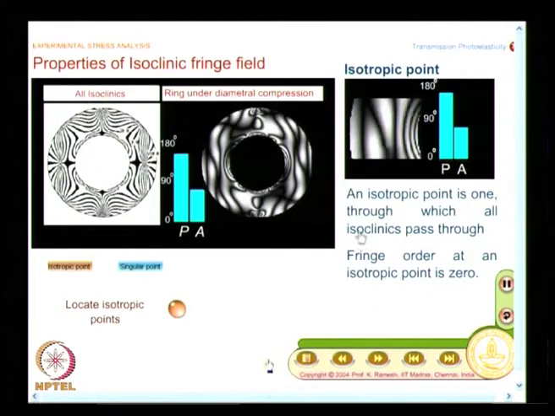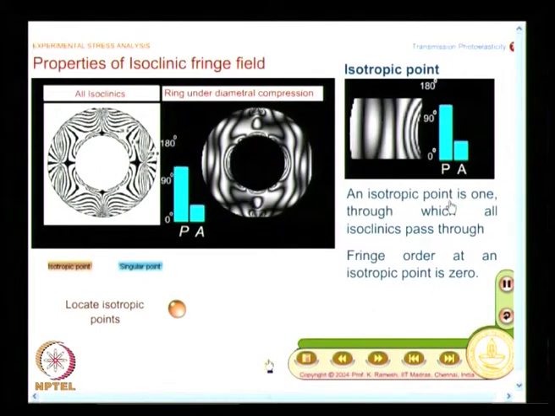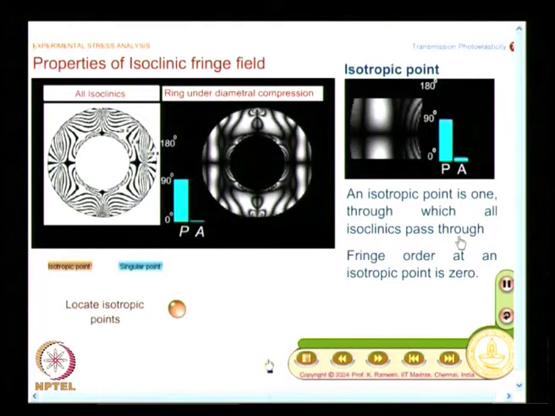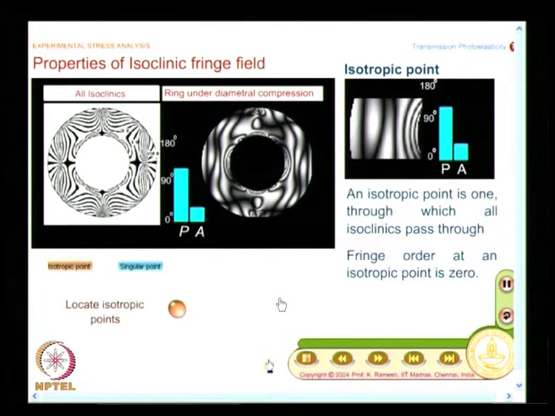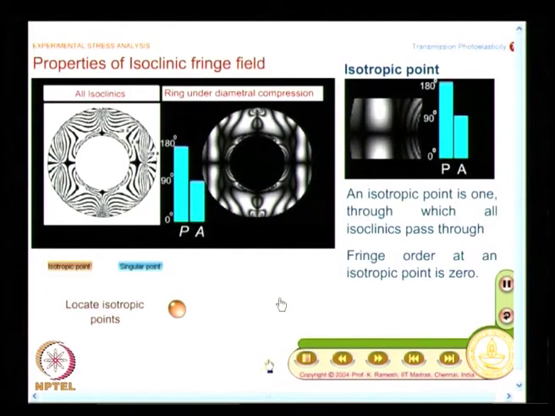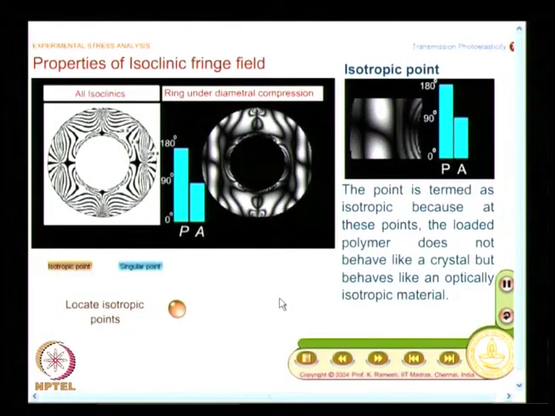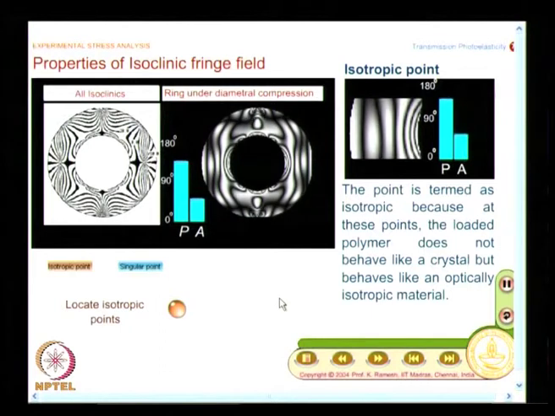So, what we find here is isotropic point is one through which all isoclinic pass through, and whenever you have a rule there will be an exception. The load application points are not to be considered as isotropic points. And why do you call this as an isotropic point?